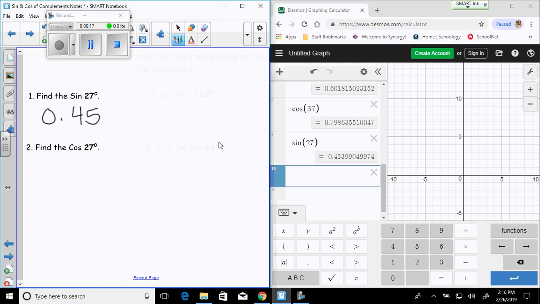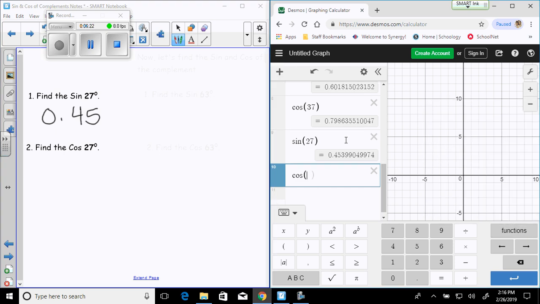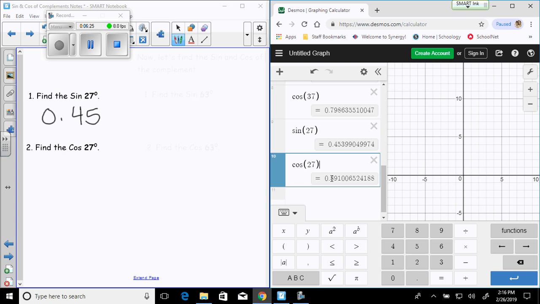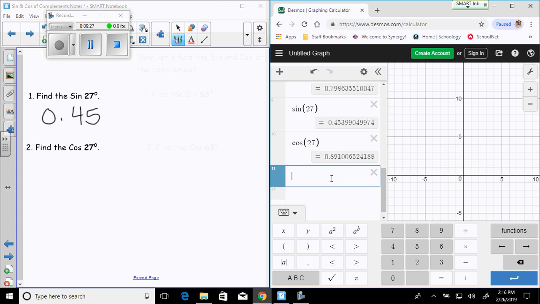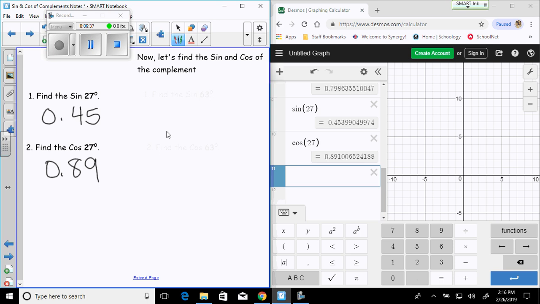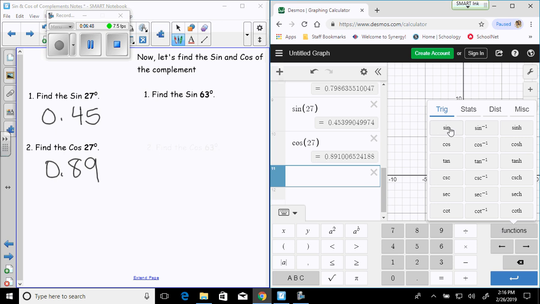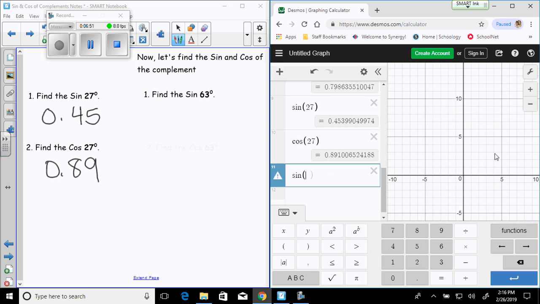Now let's find the cosine of 27 degrees, about 0.89. Now let's find the sine and cosine of the complement. Remember, the complement of 27 degrees was 63 degrees. So now we're going to find the sine of 63 degrees. Do we have any guesses about what the sine of 63 degrees is before we put it into the calculator?